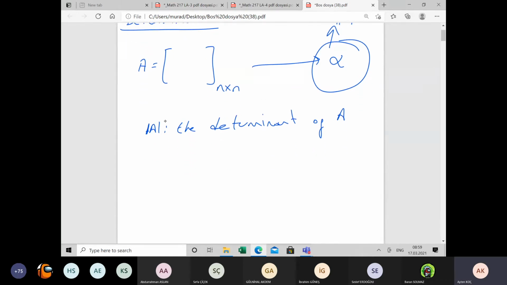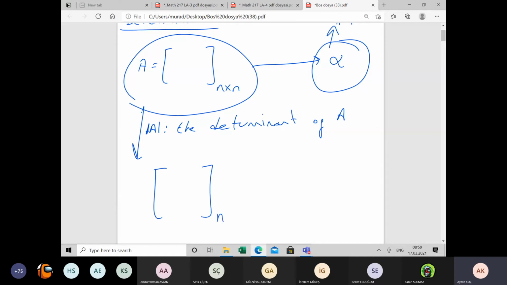First of all, the problem is: take our matrix, find the determinant of A. We can transform this problem into a new problem. What's the new problem? Take our matrix A and we get an n minus 1 by n minus 1 matrix.